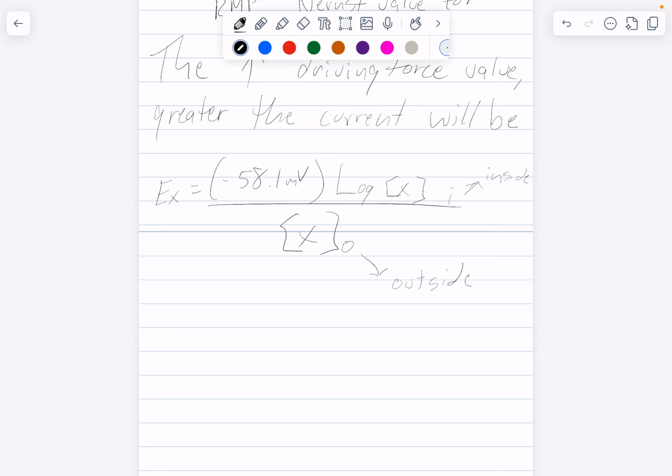The assumption that this would work is that the ion that we're thinking about is 100% permeable, which is not true.